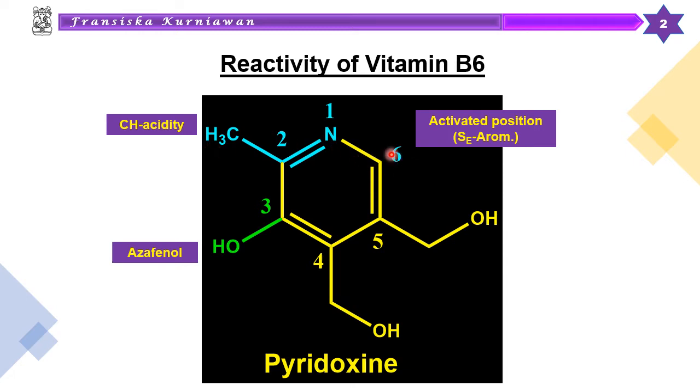And for this part, number 6 especially, in this part we have one hydrogen. If you check, there are only 1, 2, 3 atoms connected as neighbors. So the carbon in the 6th position is still attached to one hydrogen.